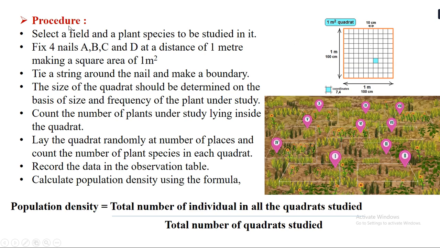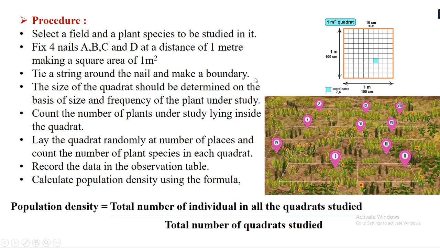To start this experiment, let me tell you that this experiment is field work. So this procedure is according to the work that you actually do in the field. You have to select a field and the plant species to be studied in that field.